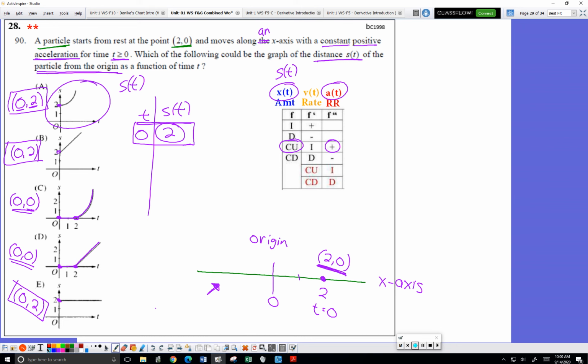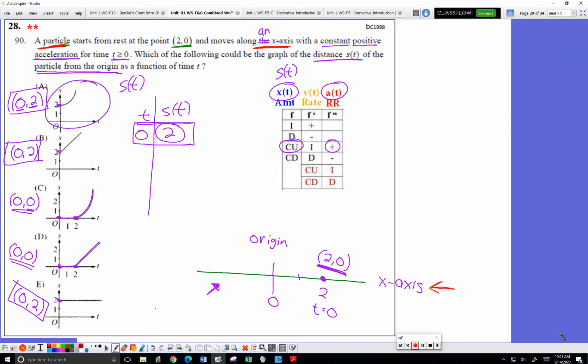Okay, we talked about this idea previously. You've got a moving particle. Please don't forget, they'll tell you the particle moves along the x-axis. I prefer to say it moves along some x-axis, so it's just moving along a line. So remember, here is the particle right here. These graphs do not show the particle.